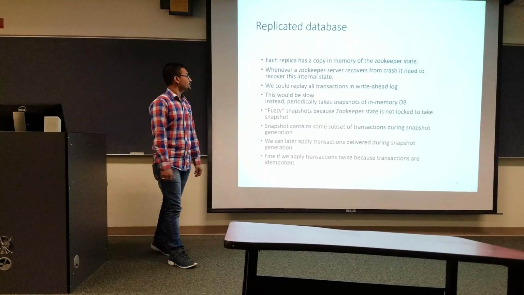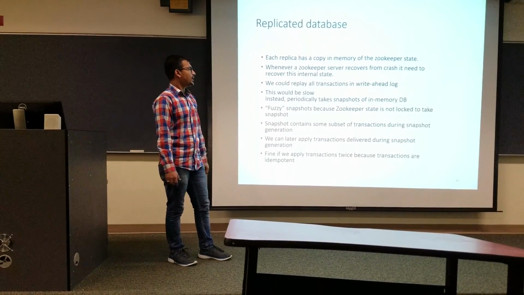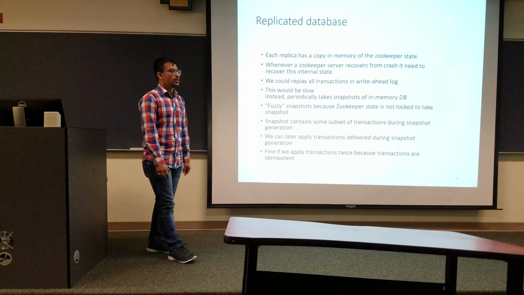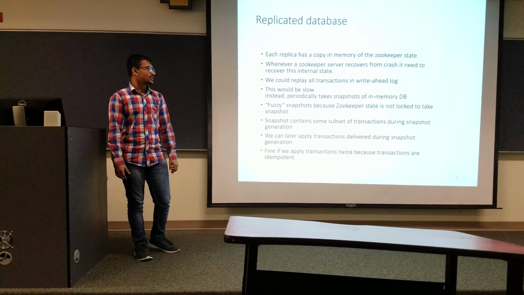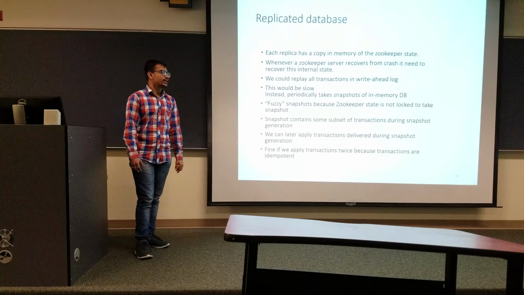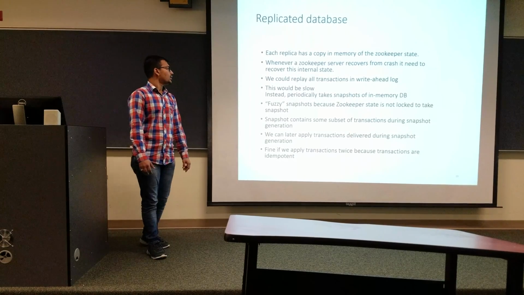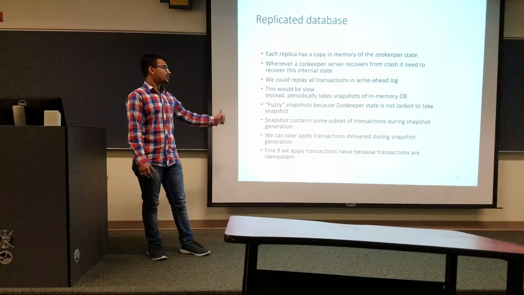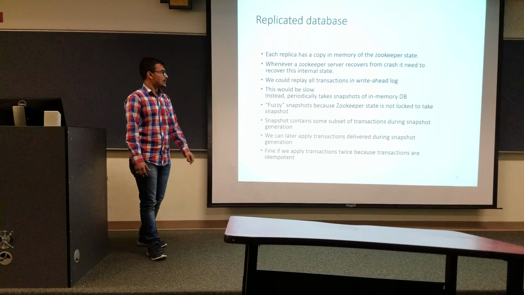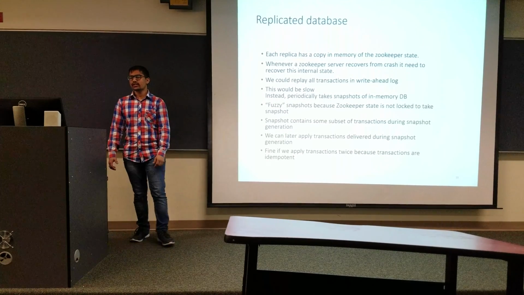Replicated database. Each replica has a copy in memory of the Zookeeper state. Whenever a Zookeeper server recovers from a crash, it needs to recover this internal state. We could replay all the transactions in the write-ahead log. This would be slow.